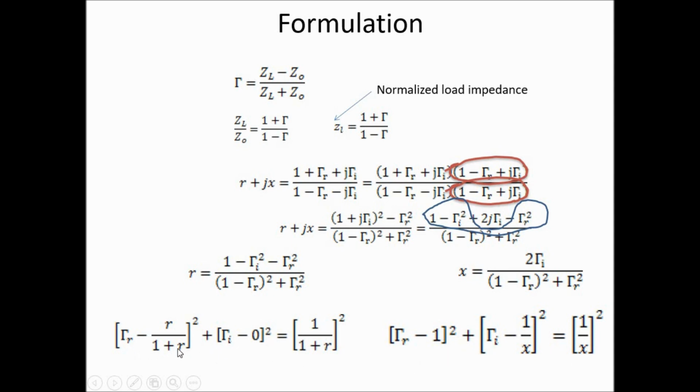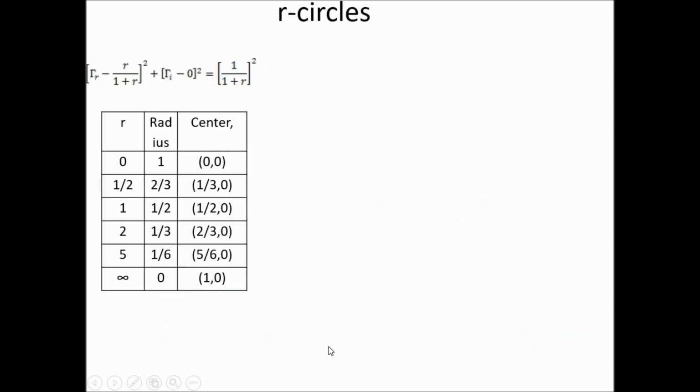We know the center is this point and this is the radius for the R circles, and this is the center for the X circles and this is the radius for the X circles. For the X circles, the radius varies with X and the center also varies with X. For the R circles, the center point varies with R and the radius also varies with R.